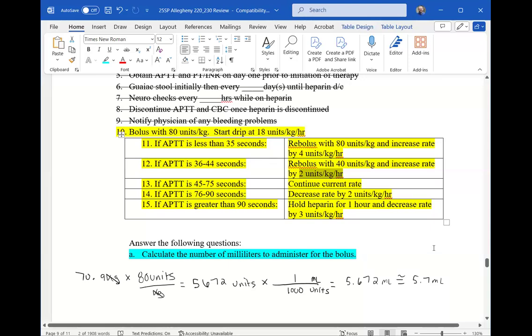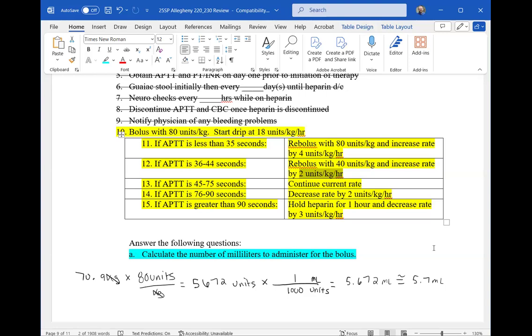So our original was 18 units per kilogram per hour. If we're going to increase it by 2 units, that means our new calculation is going to be based off of 20 units per kilogram per hour. So don't read that as, oh, that's 2 milliliters per hour. That is not what that says. That says 2 units per kilogram per hour.